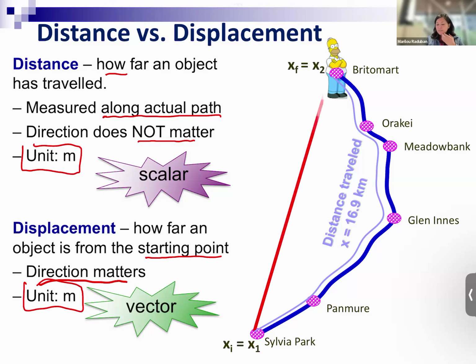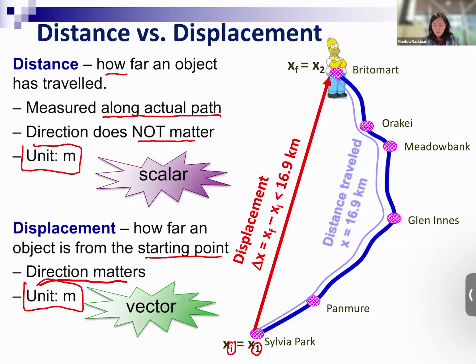On the other hand, for displacement, you're only concerned about the starting point and the end point during the motion, right? So starting point is Sylvia Park. We use the subscript i, or in some textbooks, they use the subscript 1 to indicate the initial position. And we are also only concerned about the final position. We'll use the subscript f to indicate the final position.